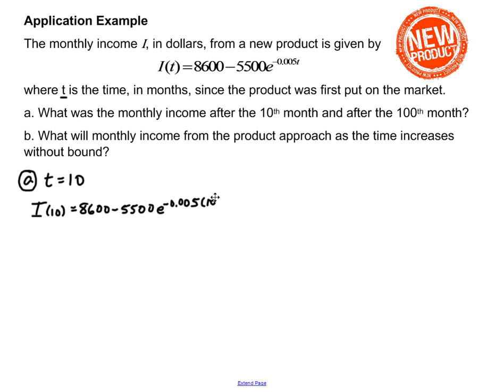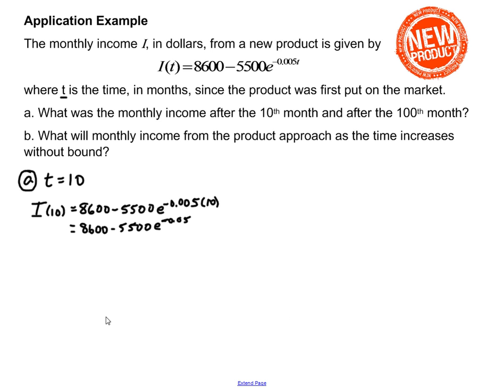Now that 10, if we multiply a decimal times 10, it simply moves the decimal one place to the right. So this is really the same thing as saying 8,600 minus 5,500 times e to the negative 0.05.